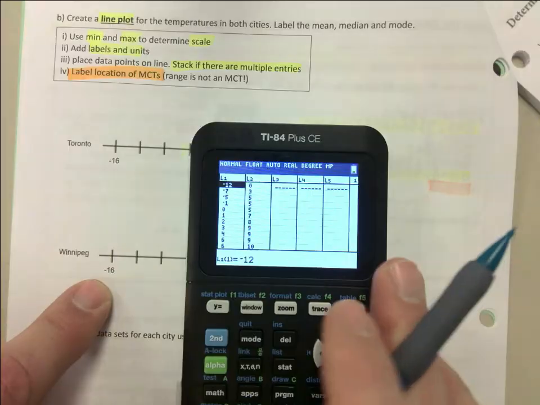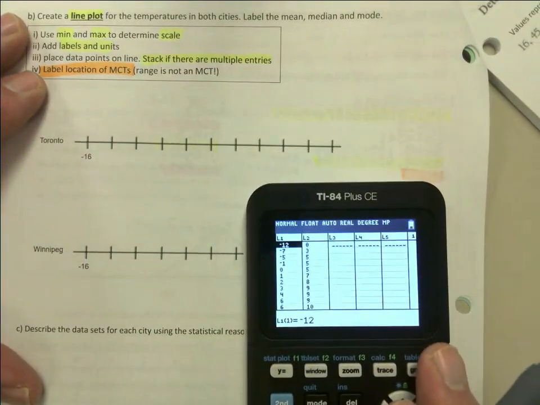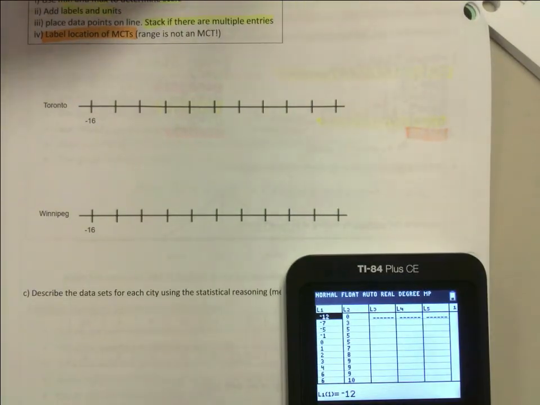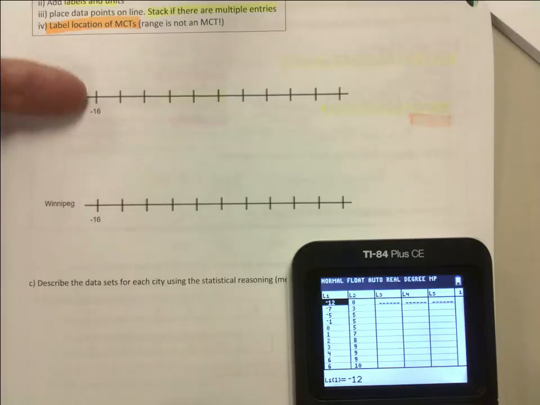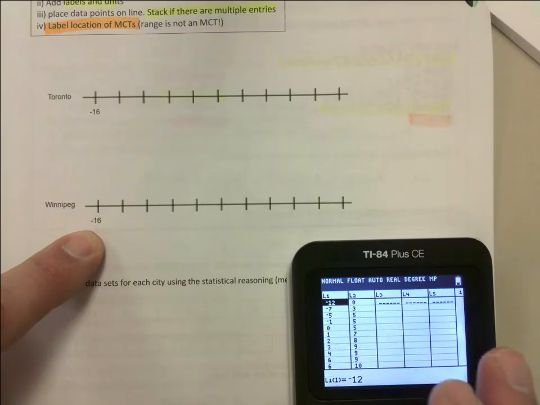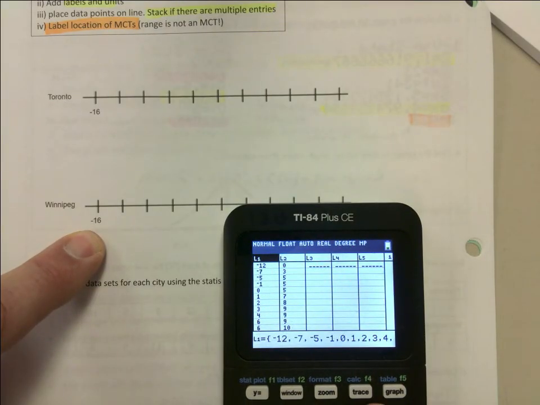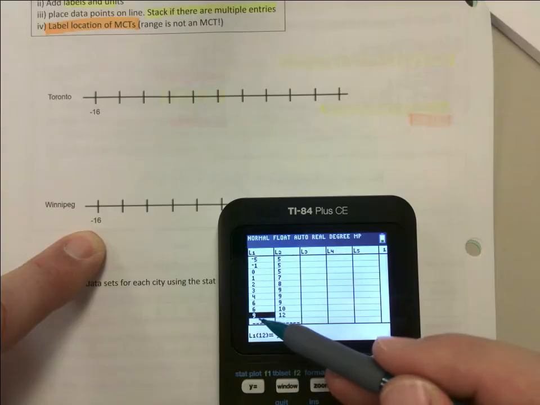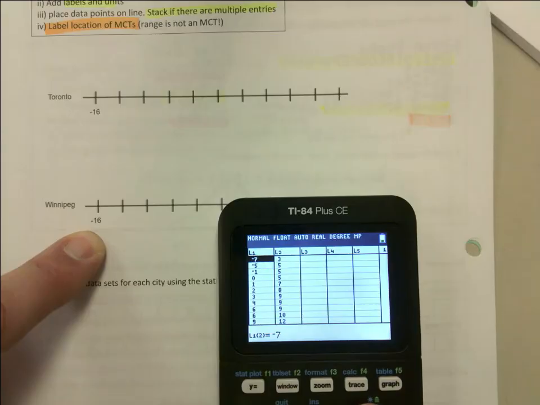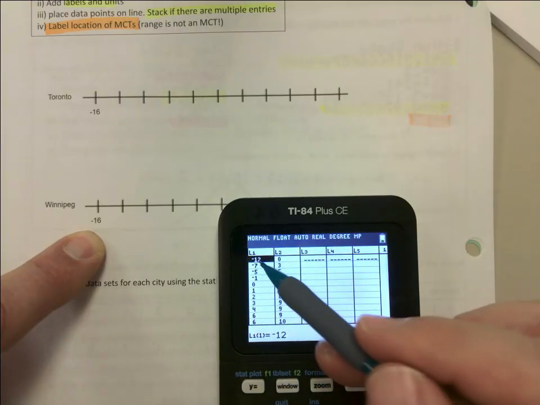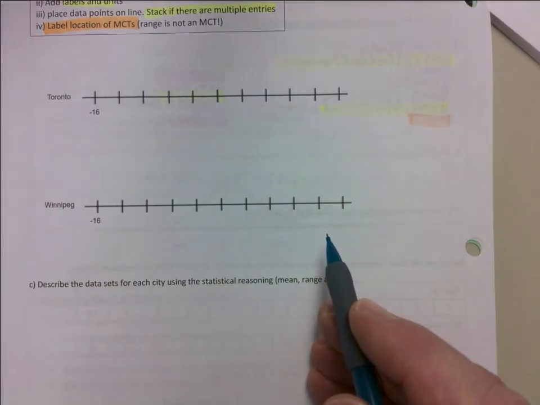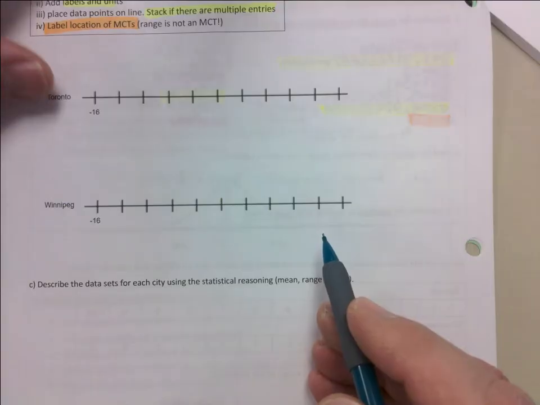That's Winnipeg. I'm going to start with Winnipeg. And notice that in order to figure out your scale, because I was nice here, I started us off. I kind of wanted the same starting point. What is the highest temperature that Winnipeg has? I'm going to go on my 9 is the highest. And negative 12 is the lowest. So you kind of want to make sure you account for that. So what scale can I use? I'm going to try a few things here.